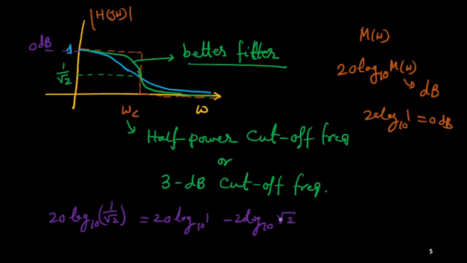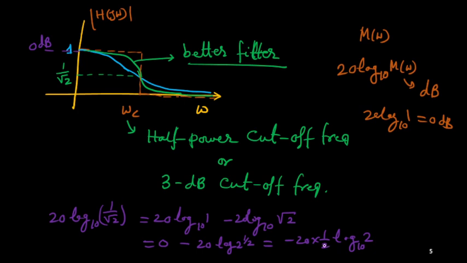Is it fine? You can see the first term is 0 because log 1 is 0, minus this square root 2, which I can write as 20 log 2 to the power half. So this half will come out, and it becomes minus 20 times half times log 2 base 10.